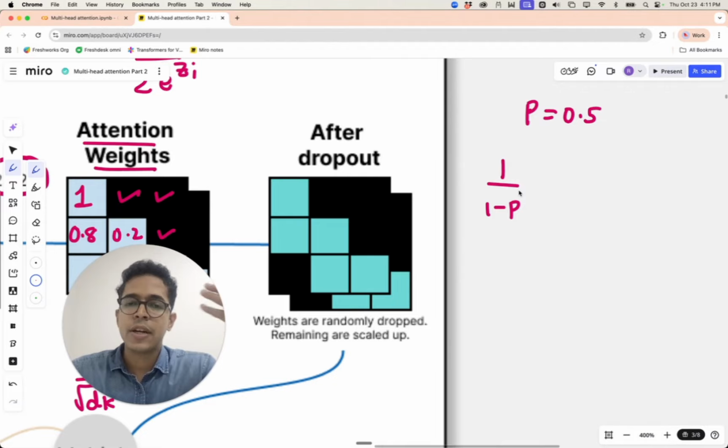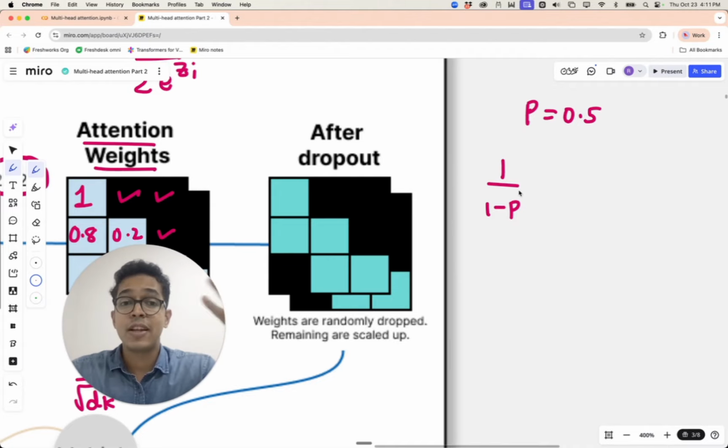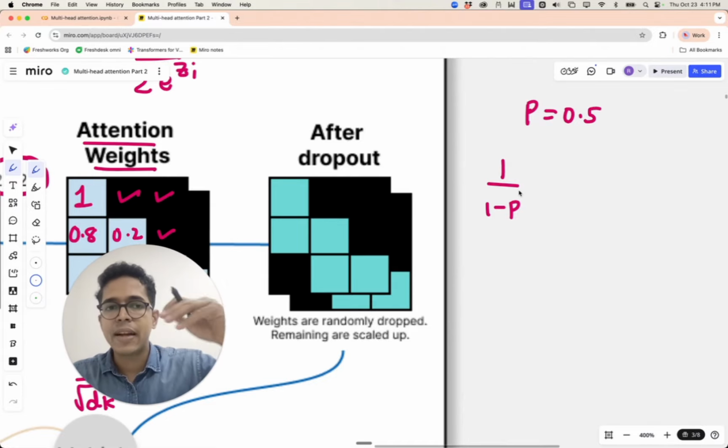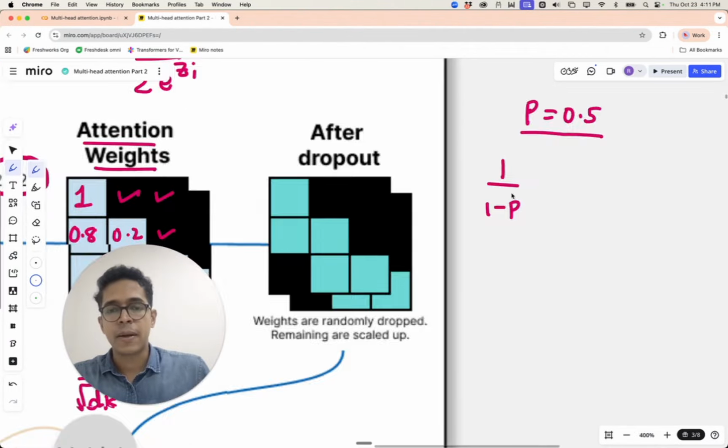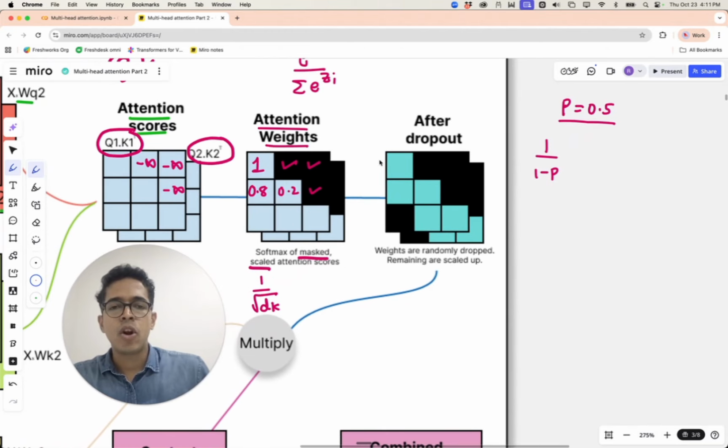So the values of the remaining weights should be scaled up proportionate to the probability with which you are performing masking. After dropout, you have your final masked attention weights.